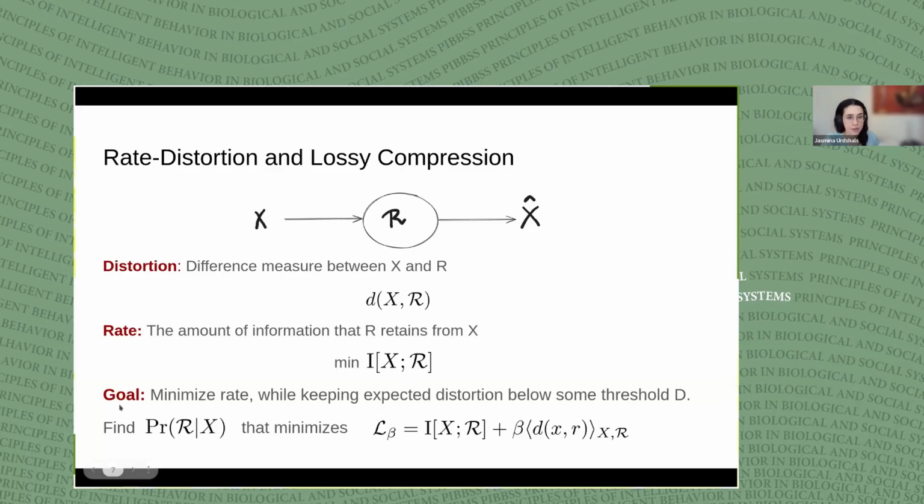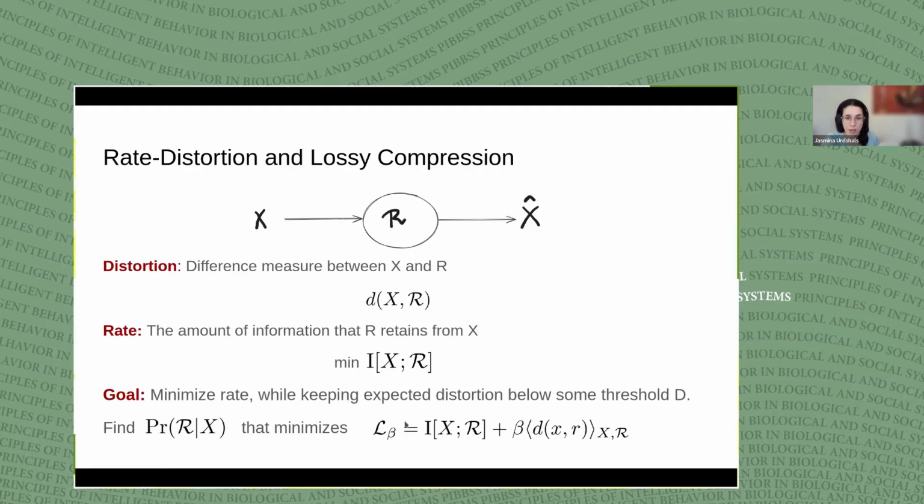And this can be put into more concrete mathematical terms. I will not describe them in detail here, but the relevant actions are that we find a probabilistic mapping between R and X. So in other terms, a conditional probability of R given X, by minimizing an objective function that regulates the relationship between the rate and distortion.